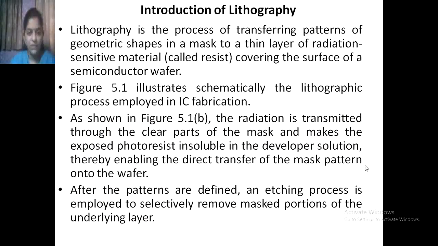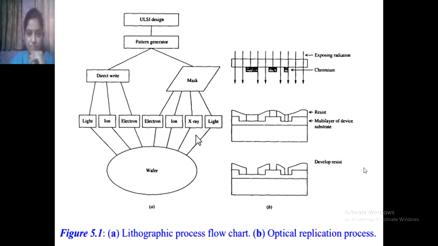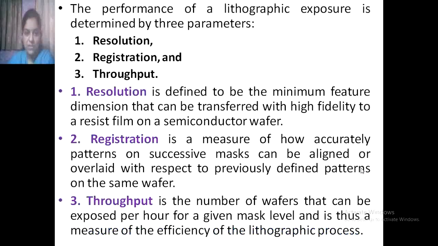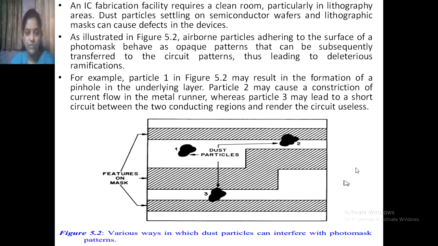Then we have seen lithography. Lithography is nothing but transferring patterns of geometric shapes in masks to a thin layer of radiation sensitive material. That process also we have discussed. The performance of lithography is determined by 3 parameters: resolution, registration and throughput.